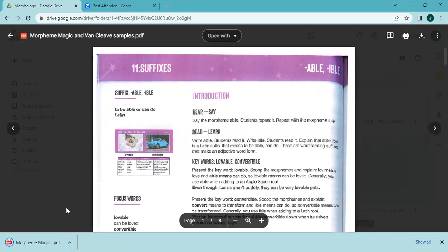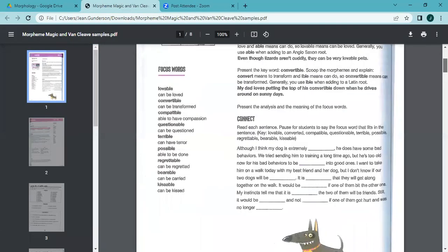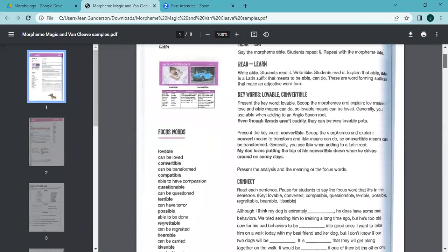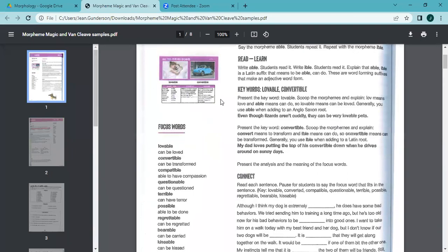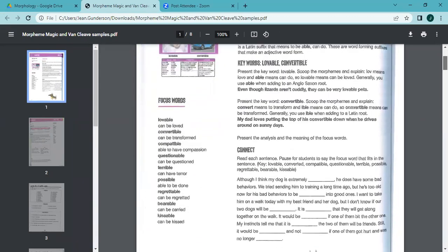I do see that the Morpheme Magic people now have a book for younger kids. And I know that we have somebody using Morpheme Magic in her classroom, and she can probably share more about how that's going. There are cards that you can put up, and then there are, like, here's a suffix, able and ible. So I haven't done a lesson with that because I've been working all on bases.